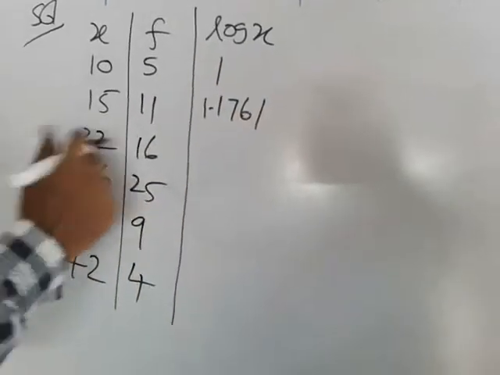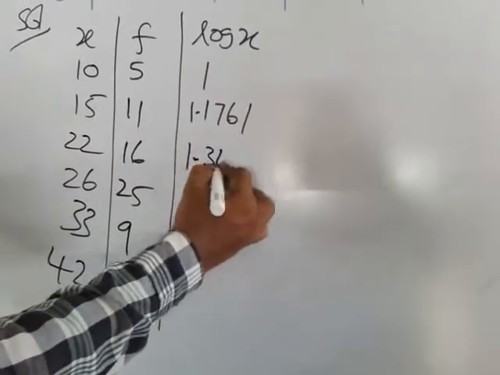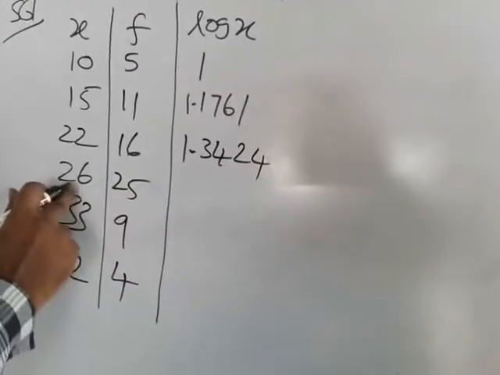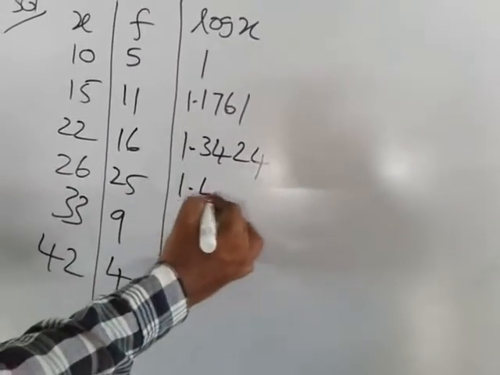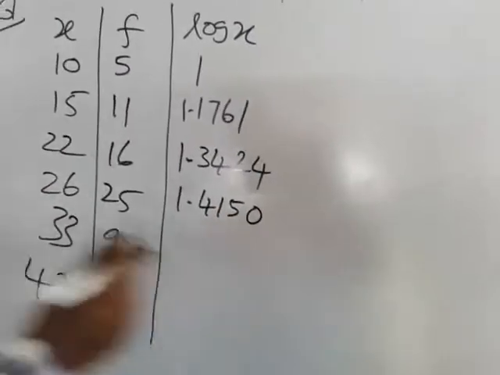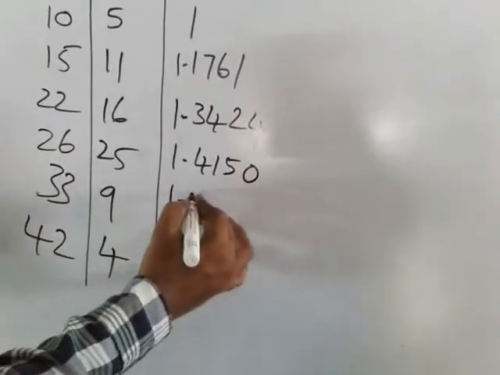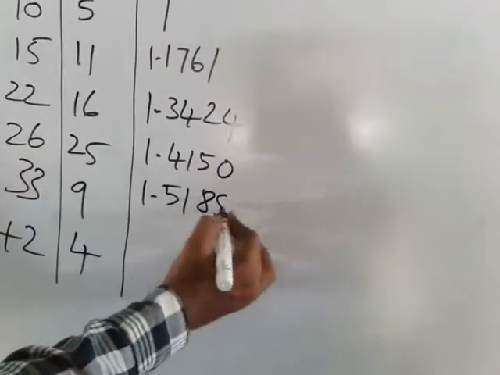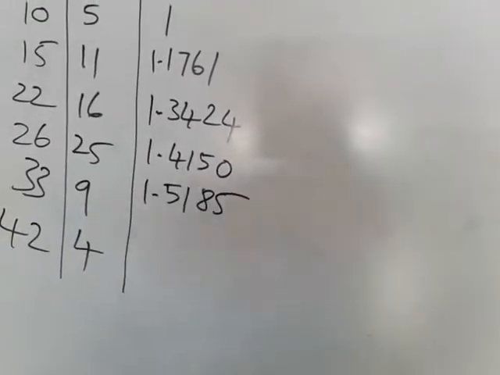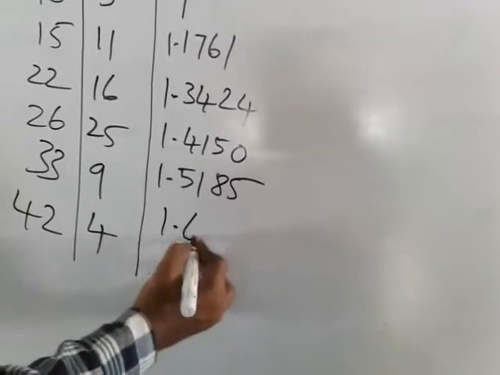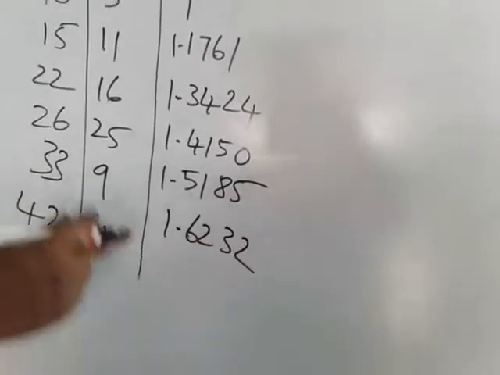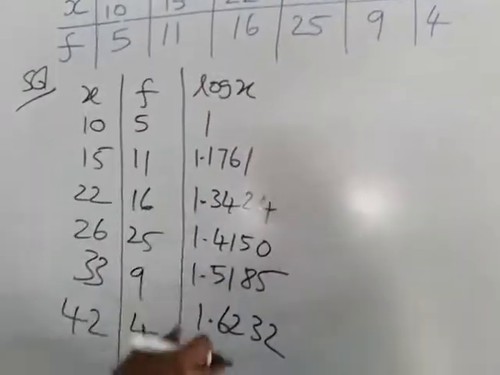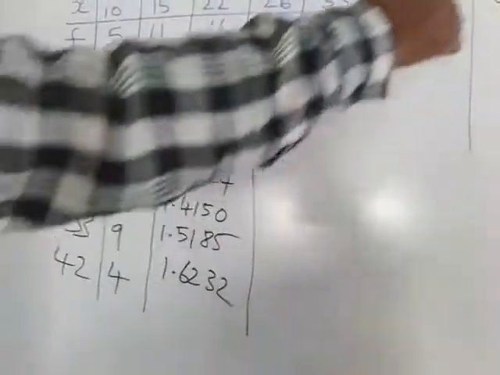Log 22 is 1.3424. Log 26 is 1.4150. Log 33 is 1.5185. The last one, log 42, is 1.6232.